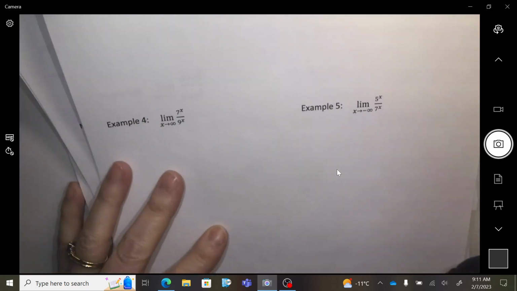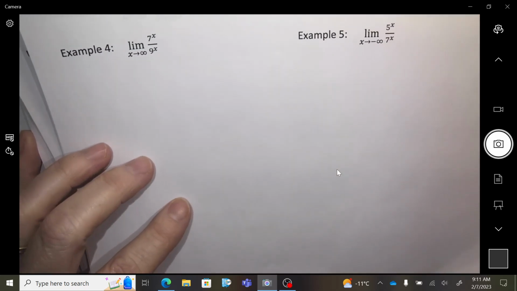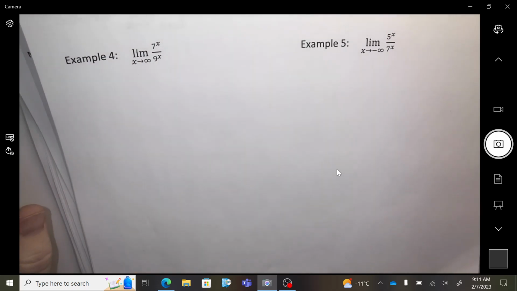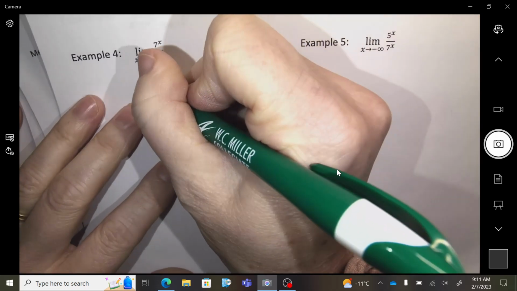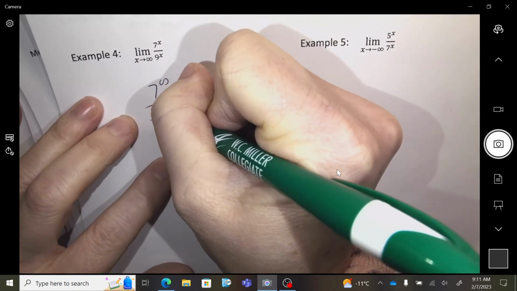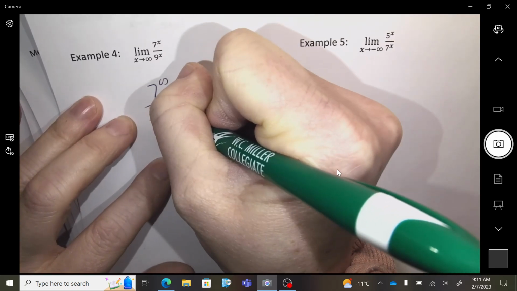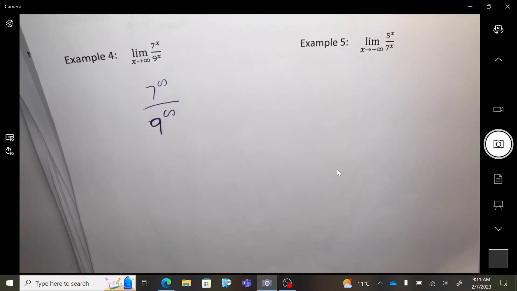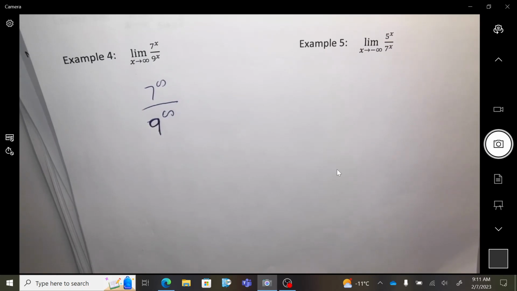Okay, number 4. The method that we're going to use for this is analyzing. Okay, so I want you to think about that. Both of those numbers are going to get pretty big, right?